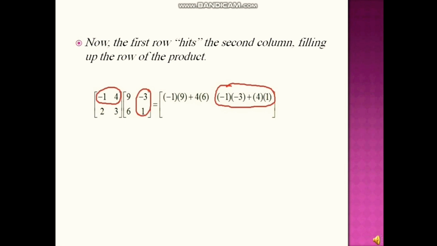So the same row we noticed before is now hitting the second column. So -1 multiplied by -3 plus 4 multiplied by 1 in order to fill up the row of the products.